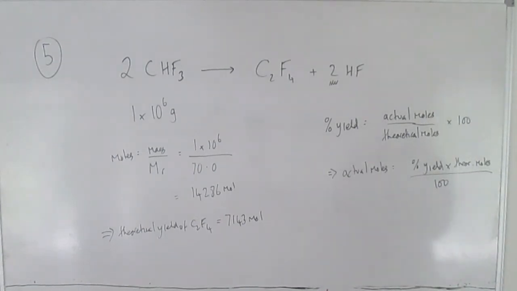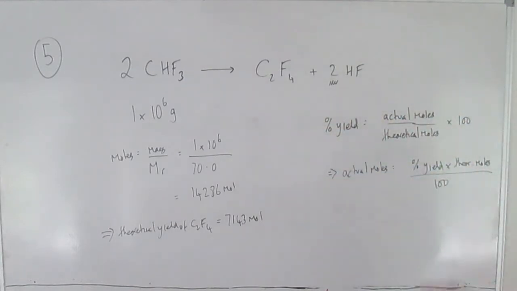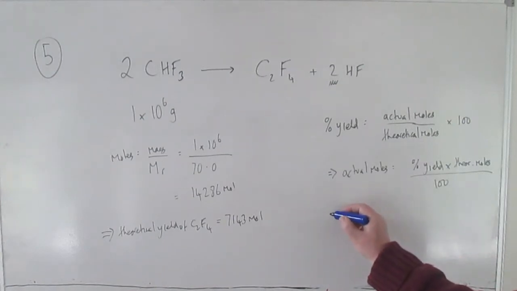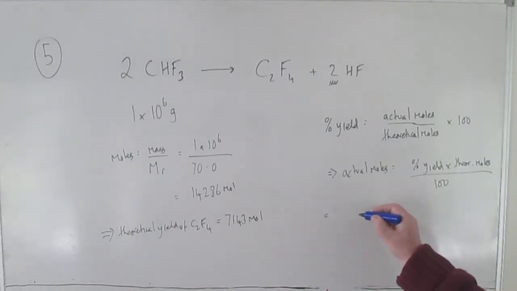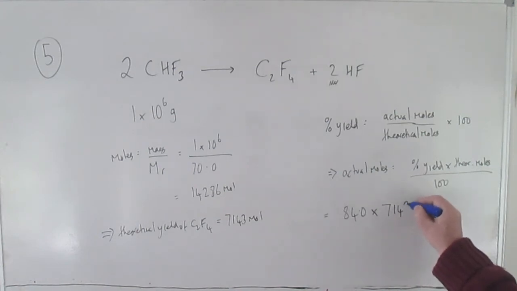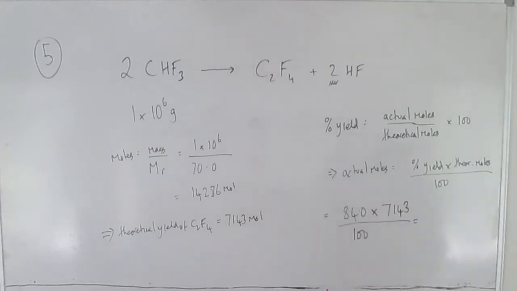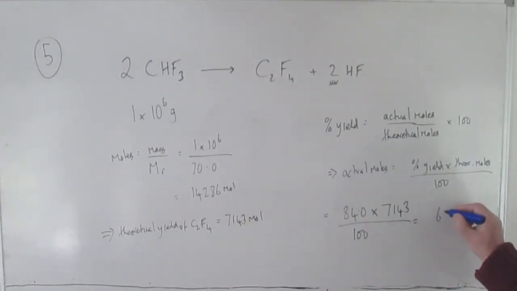So it doesn't matter how you approach it, so long as you're comfortable and confident with the way you're doing it. You know, this is, I suppose in a way, the brute force approach, but it's also the safest, because you just think, well, I'm just rearranging equations like I always do, and that's a safe thing to do. So that's going to be 84% times the theoretical moles, 7143, divided by 100 gives you 6,000 moles.